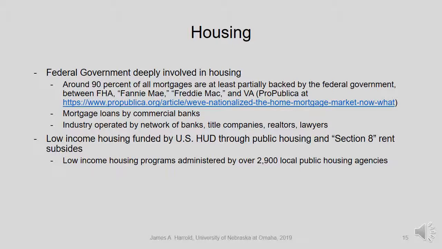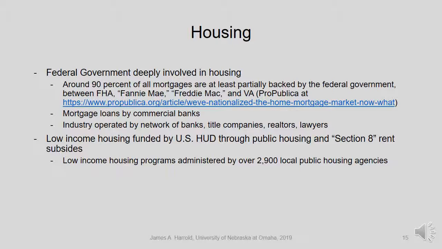The federal government is heavily involved in guaranteeing federal loans, either through FHA, through the agencies called Fannie Mae and Freddie Mac, or the VA. And this is according to this link I have here, the ProPublica report. It's very interesting that the federal government is deeply involved in the economy of selling houses and buying houses.